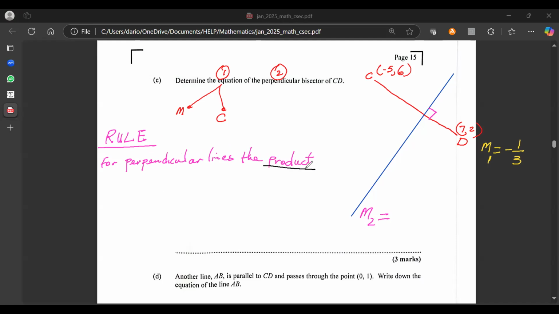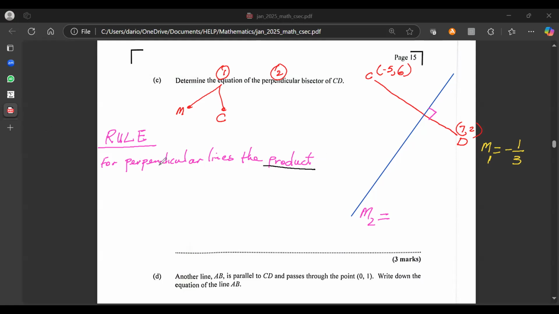You learned this in standard 5. Deandra, can you tell the class what product means? Multiply. It means multiply. Thank you.